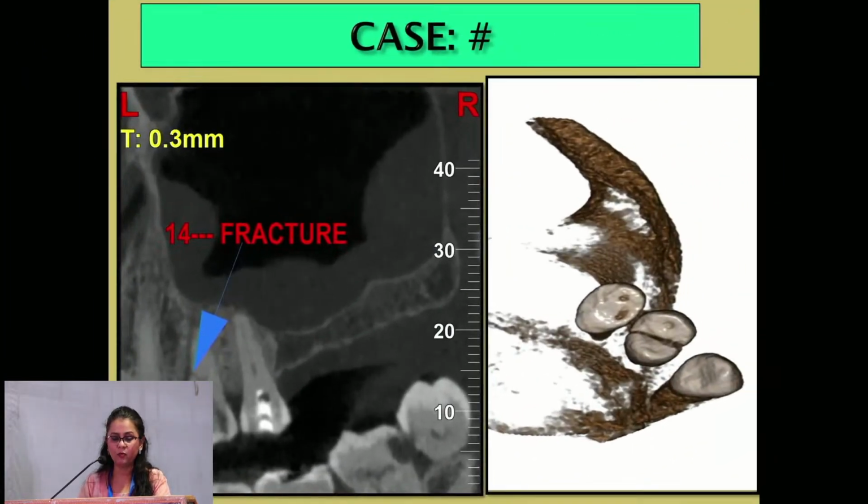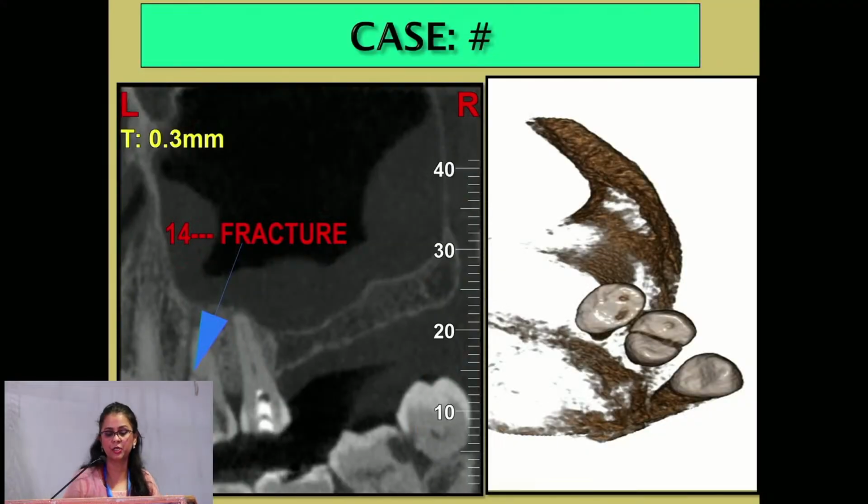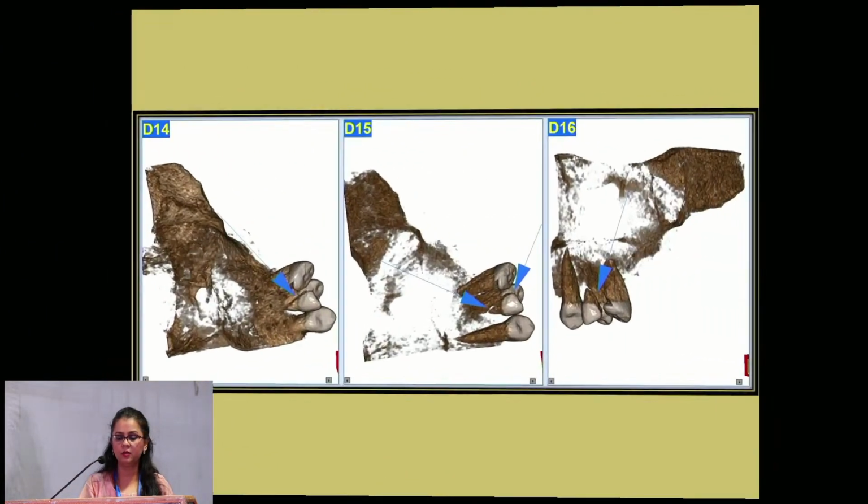The fracture line which is there here is actually a curved fracture line. Its extension and its involvement in the maxillary sinus, having a mucositis, the mild form of mucositis or a moderate or a severe form of mucositis should all be present in the report.